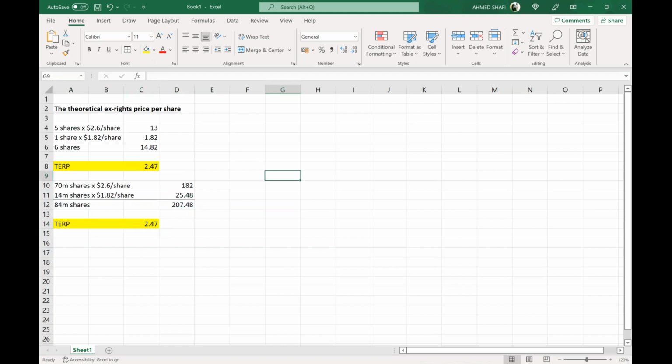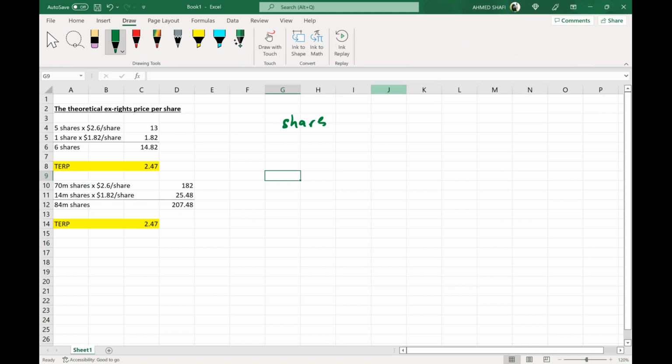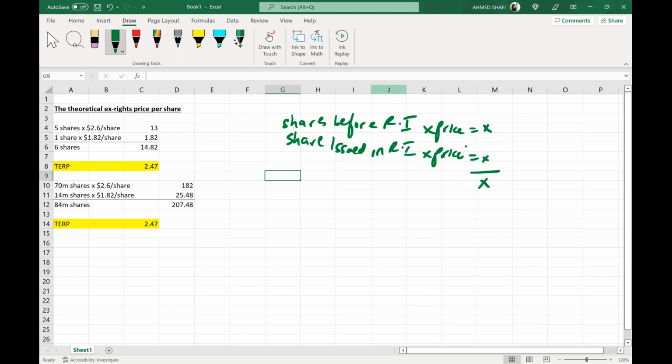The concept is we just need to see the shares before the right issue and their worth, and the shares issued in the right issue and their worth. So you get in total the shares after the right issue and the worth, you divide it to get TERP. Okay, so TERP is 2.47.